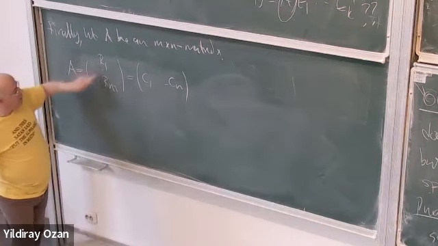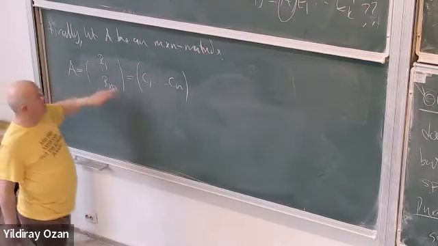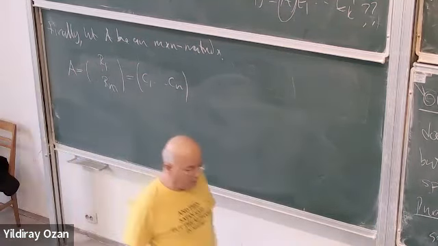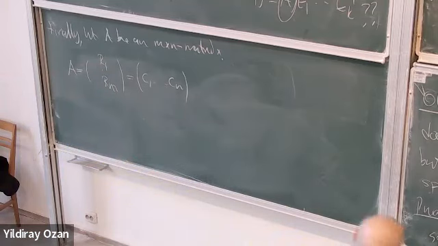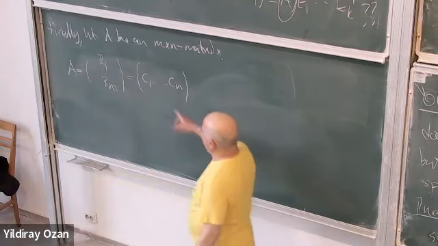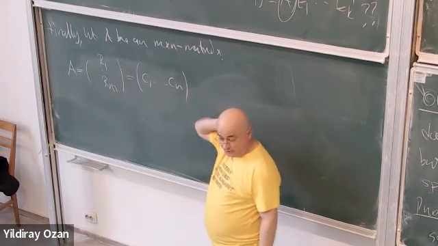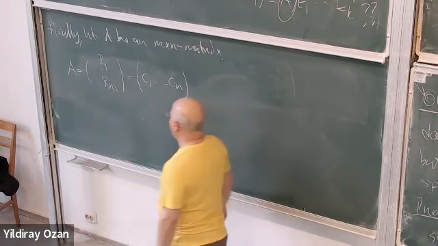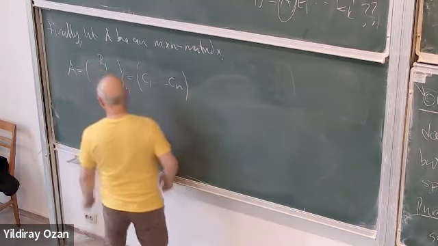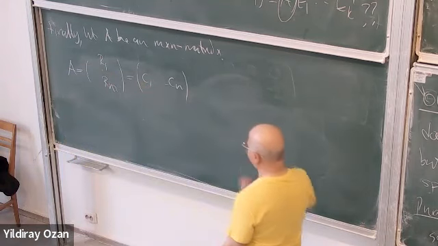These are the rows. They give me the row space. This gives me the column space. And we want to show that row space and column space have the same dimension. And how can we prove this?